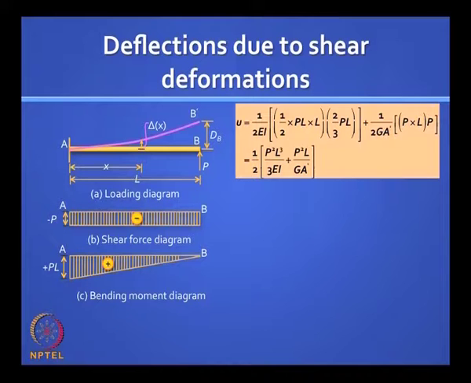If you look carefully, this part where we multiply the bending moment diagram by itself comes from flexural strain energy, and this part comes from shear strain energy, and so the total energy would be given by this expression where you have both flexural rigidity and shear rigidity GA dash.